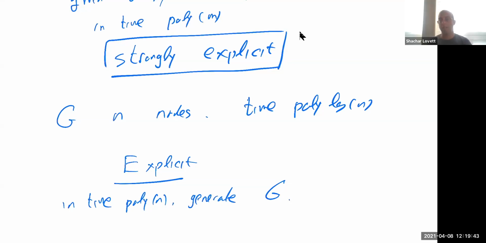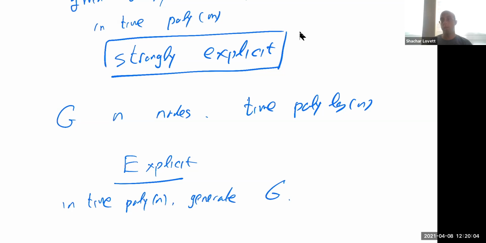Just to write it out, it has poly(n) nodes and edges. You can do better. The strongly explicit notion might be a bit subtle, but it's very important. It says, given the description of a node, I don't care about all the nodes, just give me its neighbors. I want to do that super fast.